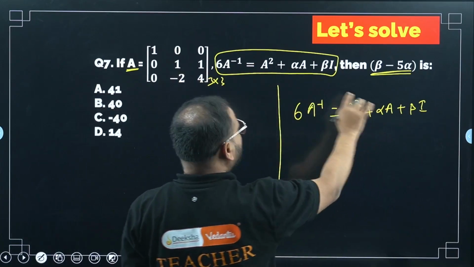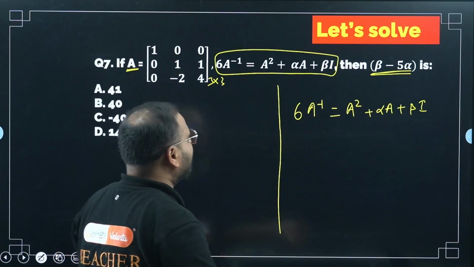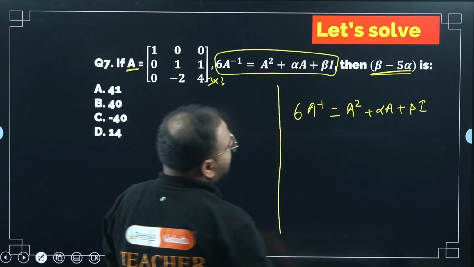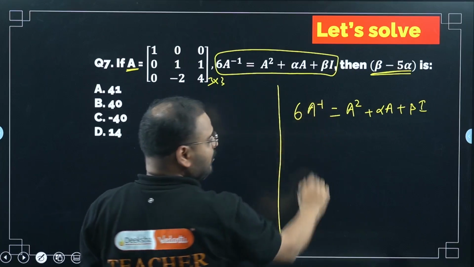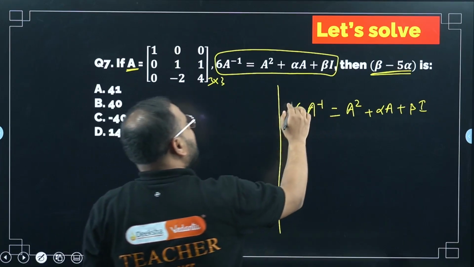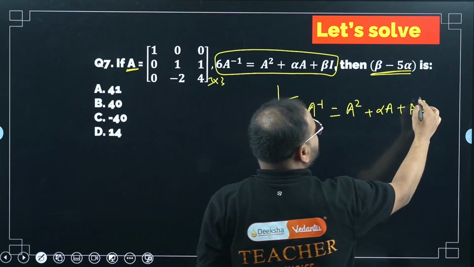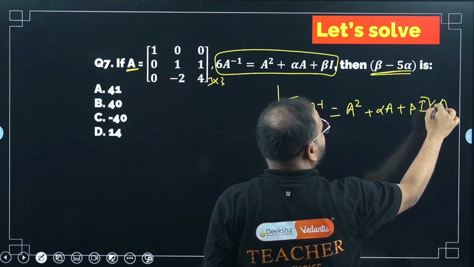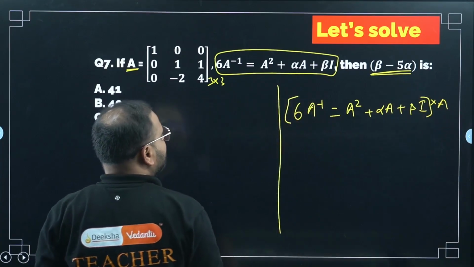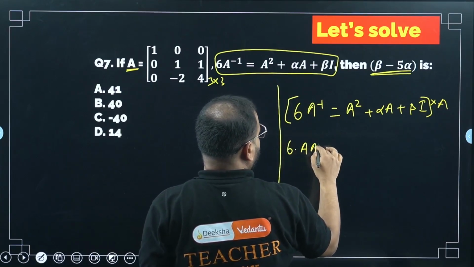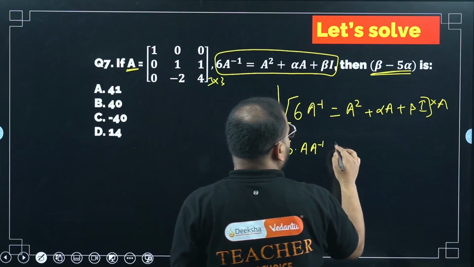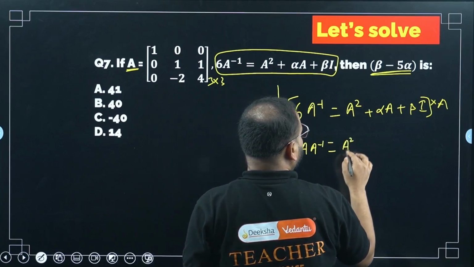I can do alpha times A, and beta also is not a problem. Only A inverse is. So how will you solve this? Multiply everything on both sides by A. If I do that, I'll get 6A inverse A here, and over here A square times A.